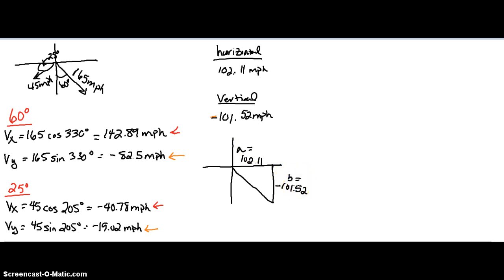The first thing we want to do is find the resultant. To find the resultant, we're going to use the Pythagorean Theorem. So I'm going to do 102.11 squared plus negative 101.52 squared, and that's going to be equal to C squared.